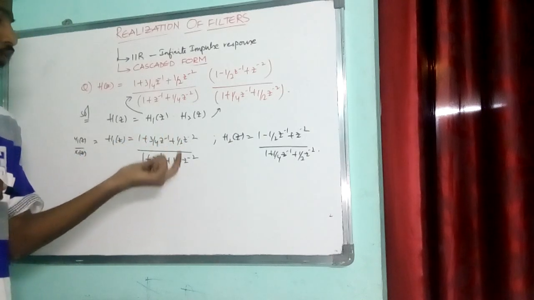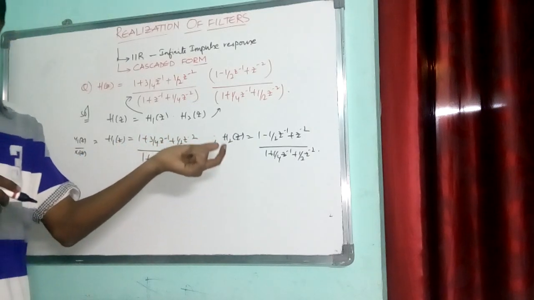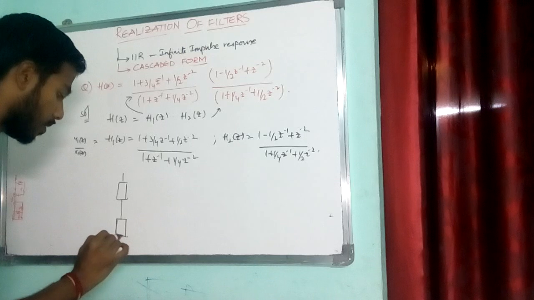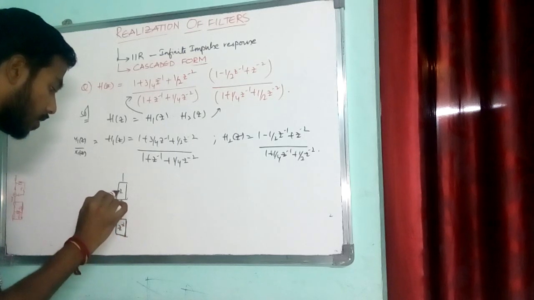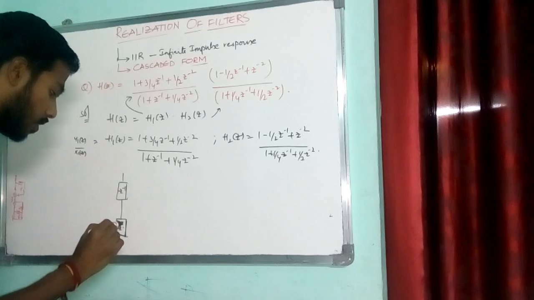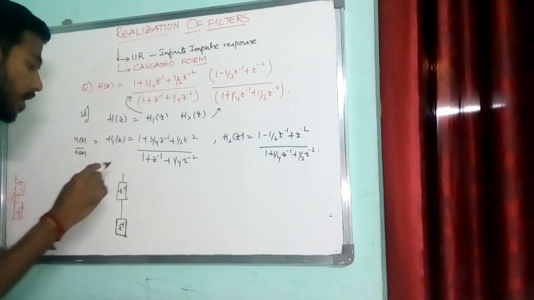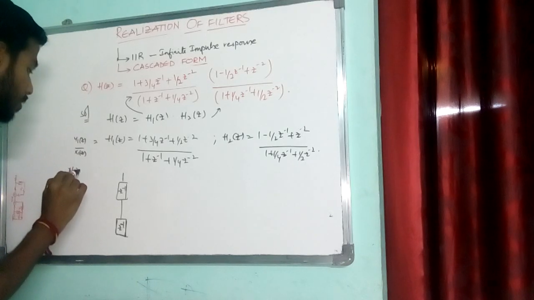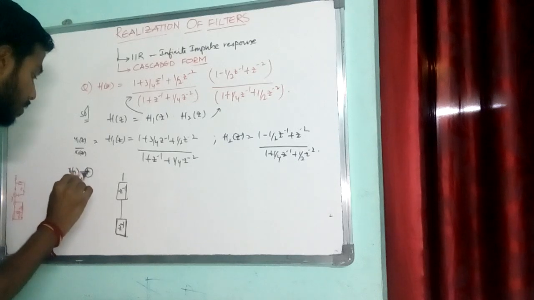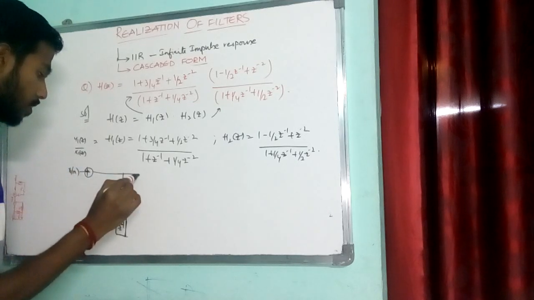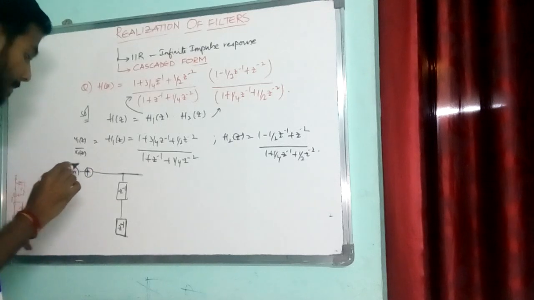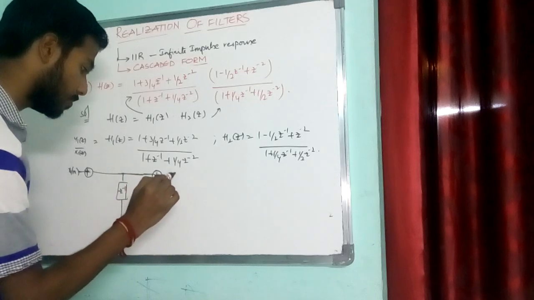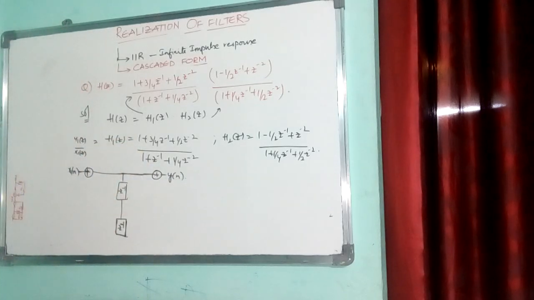Clearly, we need to use two delays here because z inverse is there, z power minus 2 is there. One delay, two delay, right? And this will be my x1 of n, okay? This will be my y1 of n, okay?